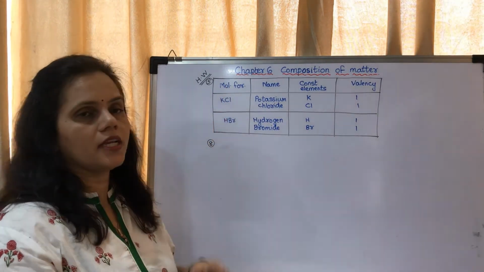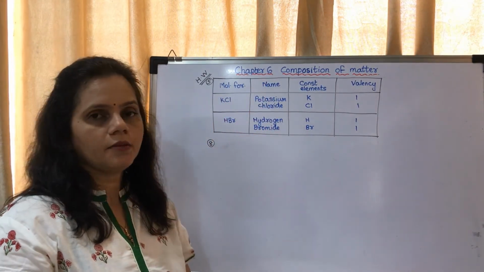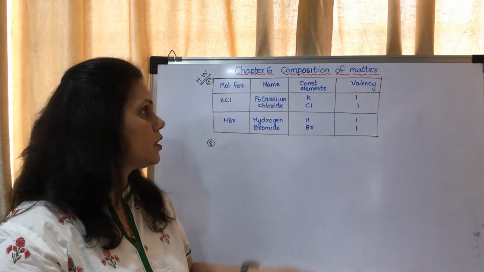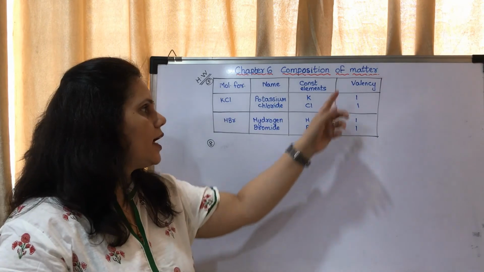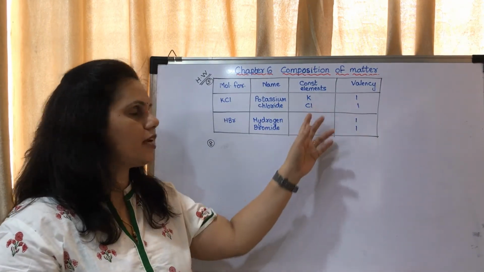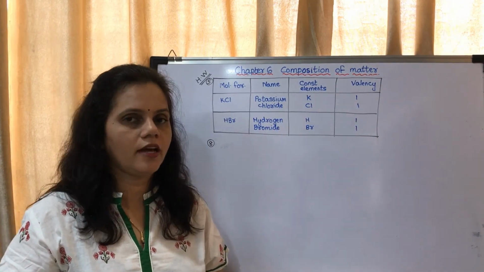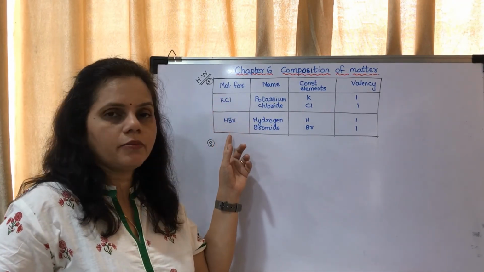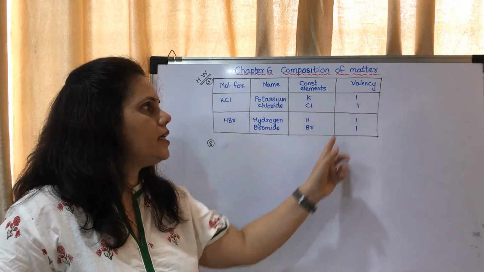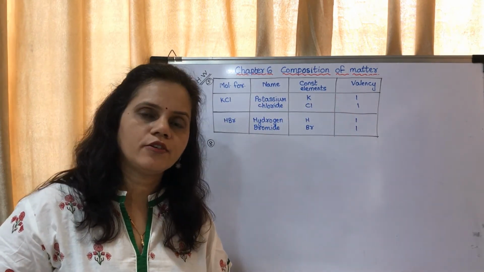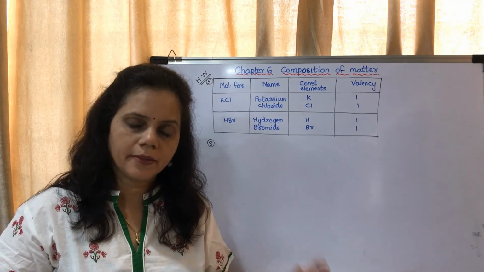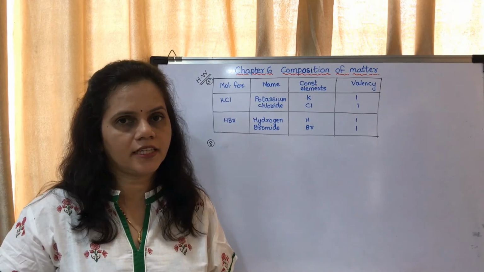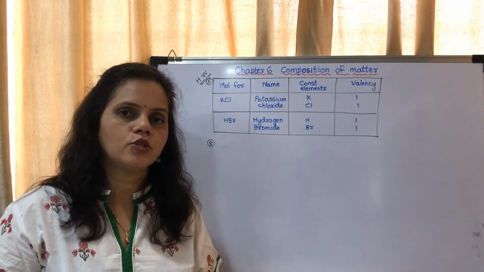You have to write the molecular formula and the names; you may refer to the notes I have given for the names, constituent elements and their valencies. You have to prepare a table like this. First you write the molecular formulas, write the names, and these 2 boxes you may try to fill up on your own. First with a pencil you do it, and then refer to the notes whether it is correct or not, so that you will be able to study.